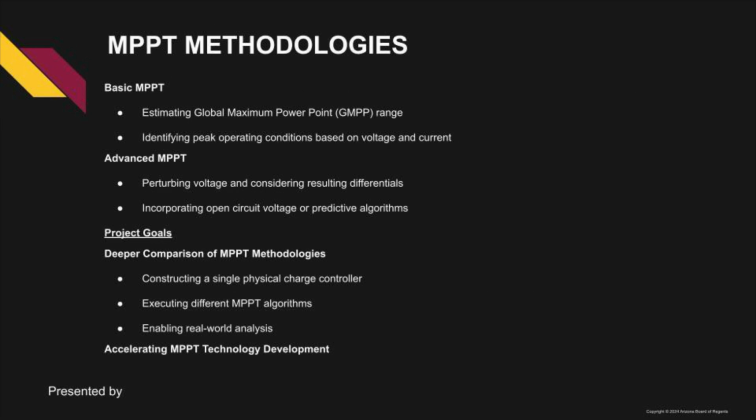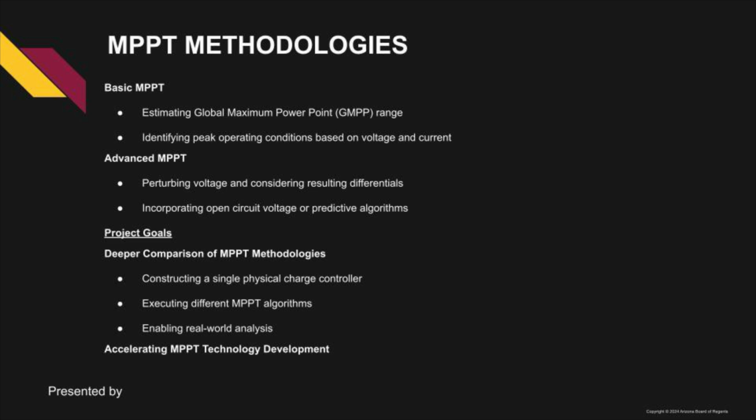My name is John Corral, and I belong to EE 489, Team 26, doing the MPPT solar charge controller. I'm going to cover slides 8, 9, and 10. Starting off with slide 8, this is the MPPT methodologies slide.